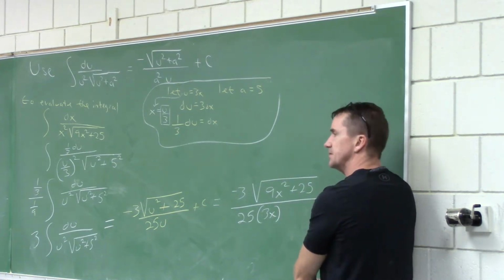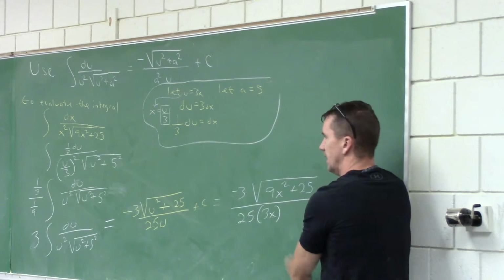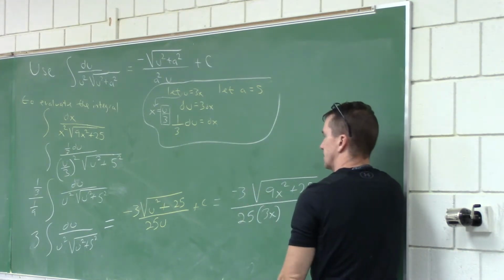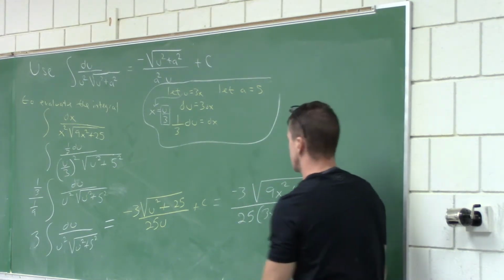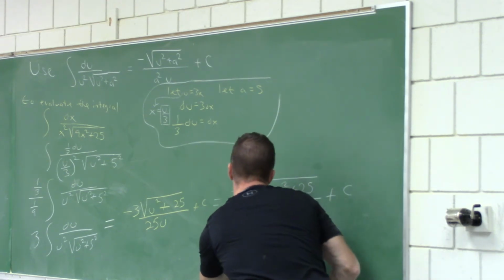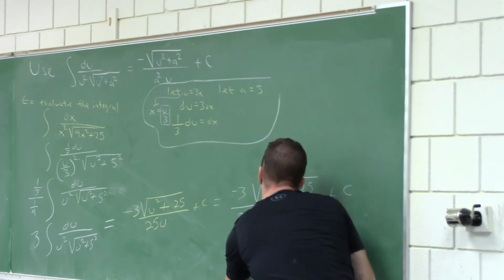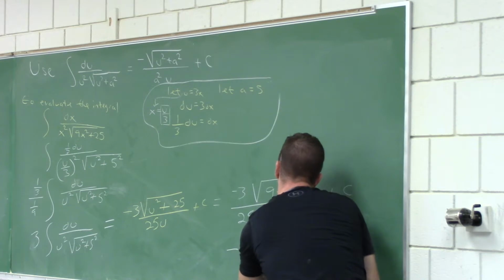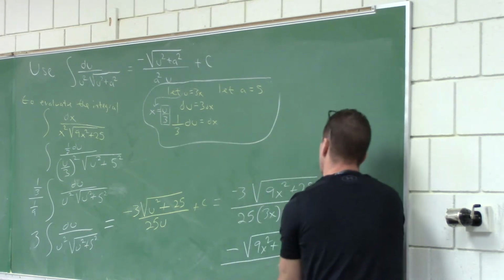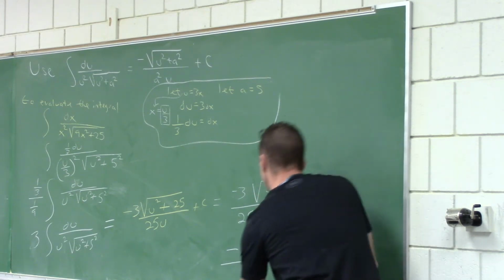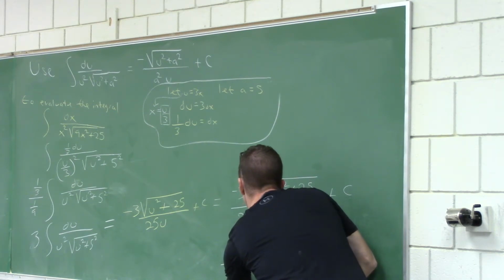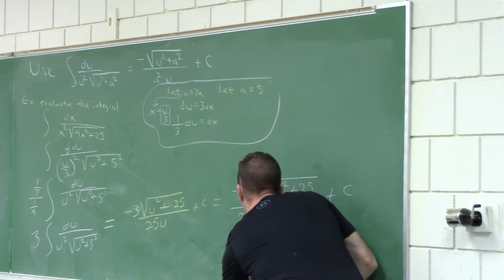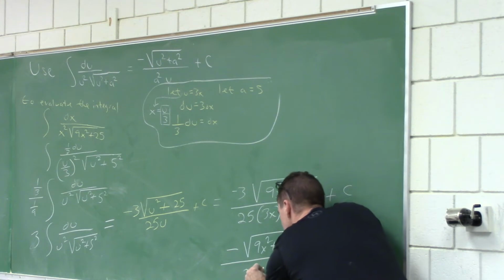Can we go one more step and simplify this? Rather than leave it like this, these 3's cancel out, see that? So I can write this final answer as negative square root of 9x squared plus 25 all over 25x. Don't forget that lonely constant.